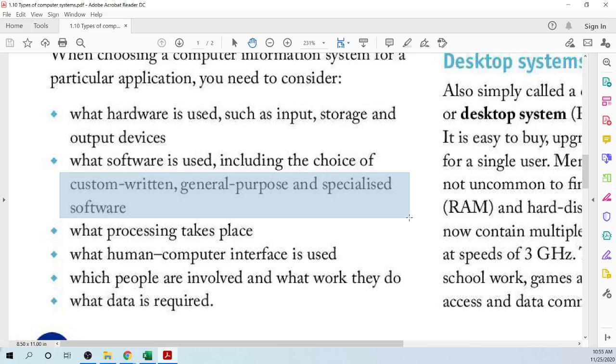Custom written, sir, general purpose. Any reason as to why you would say general purpose? Can you remember the difference between general purpose and custom written and so on? No, sir. Anyone can help her out because she's heading in the right direction.